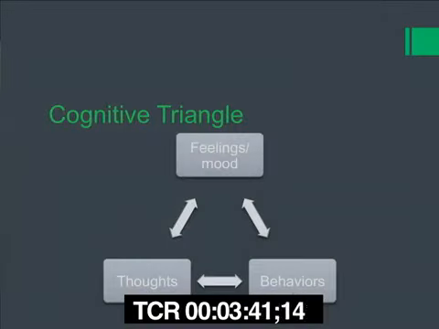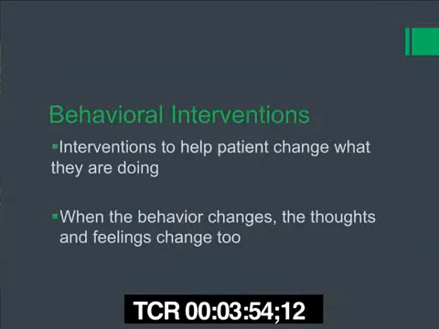So let's talk about the specific behavioral interventions that you can use with your patients. So remember, if we look at the cognitive triangle again, what we notice is that essentially if you change one element of this triangle, the whole thing changes. So if we change the behaviors, then by definition the thoughts and the moods are going to change, right?